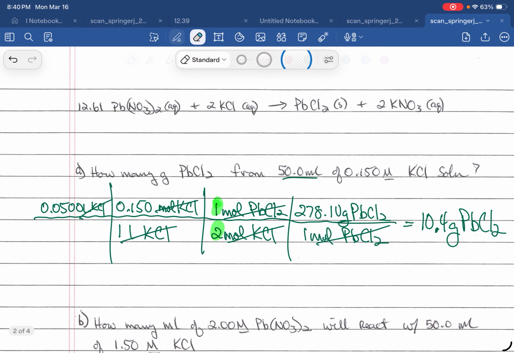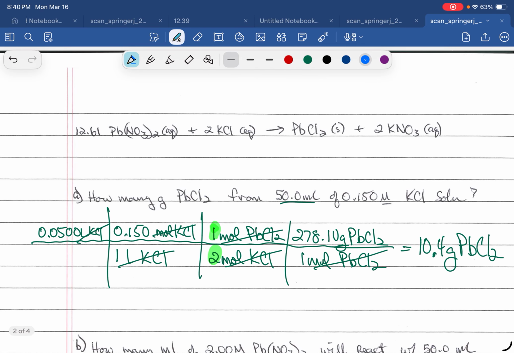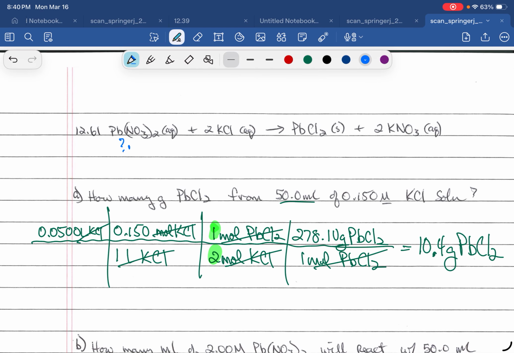It says how many milliliters of 2 molar lead 2 nitrate I got to put in here. We don't know the volume, but we know it's 2.00 moles per liter.